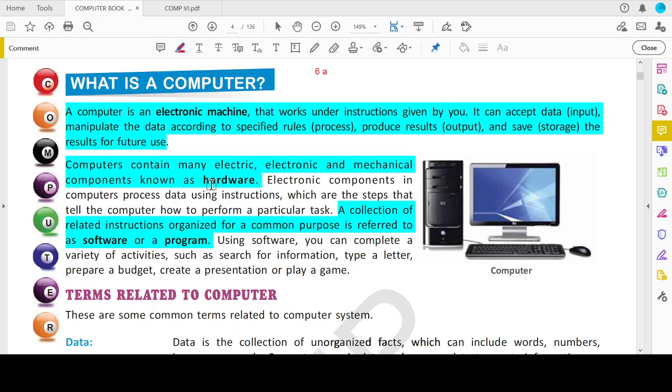Right? So all this makes the computer system. When you refer to a computer system, you refer to both software and hardware that collectively work together to process the data to give you information. So that is a computer system. Right?